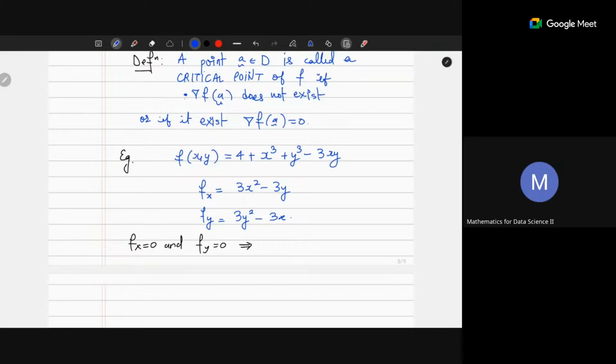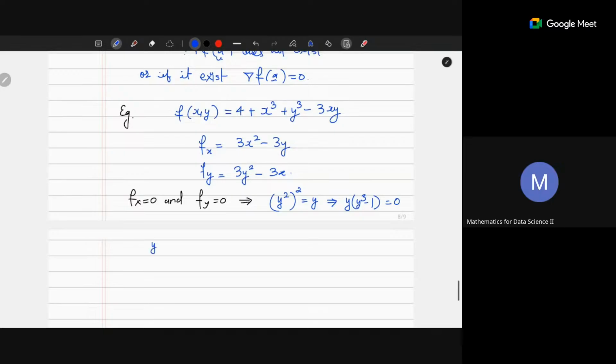So y to the power of 4 is equal to y, which would imply that y into y cubed minus 1 is equal to 0. Correct?